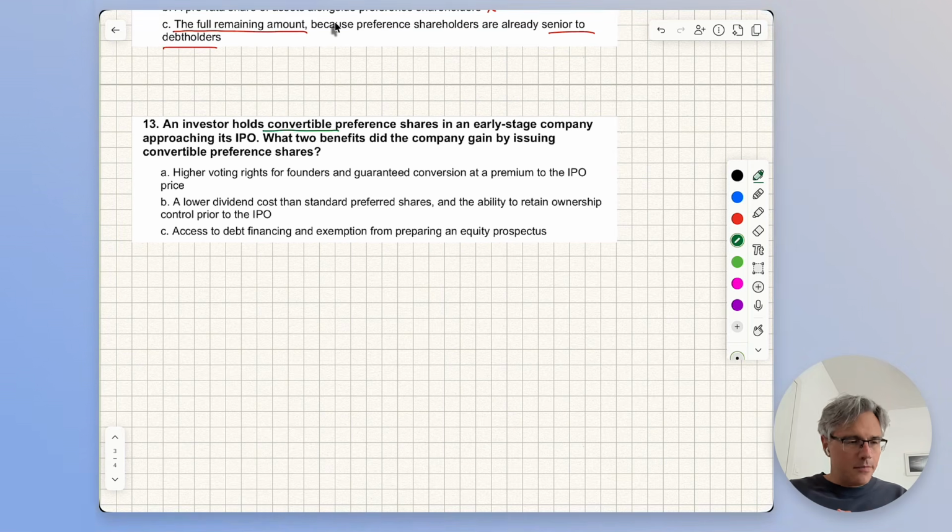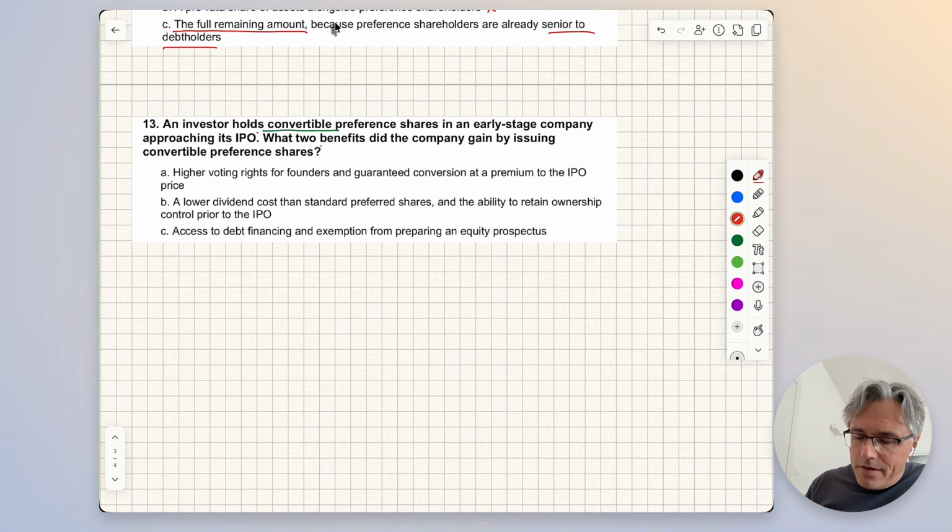If they see that the company has grown and it is still growing, then they may wish to become ordinary shareholders. But for the time being, they're sitting safe with their preferred shares, which are senior to ordinary shares. So, what benefits did the company gain by issuing such instruments?